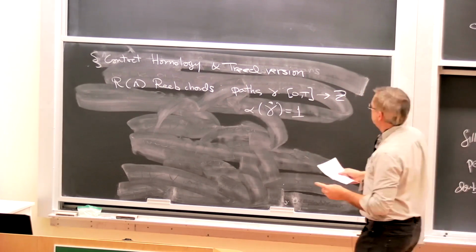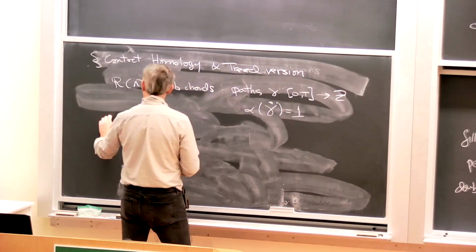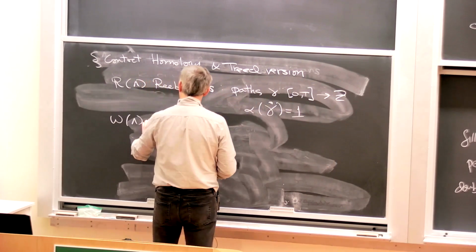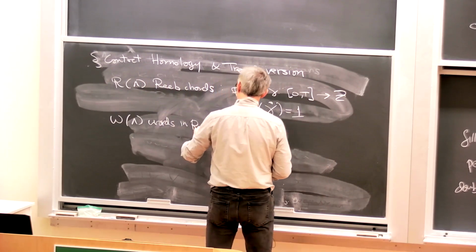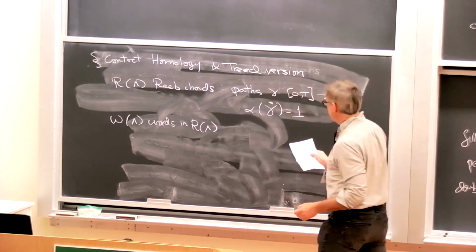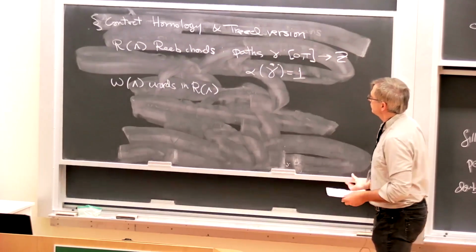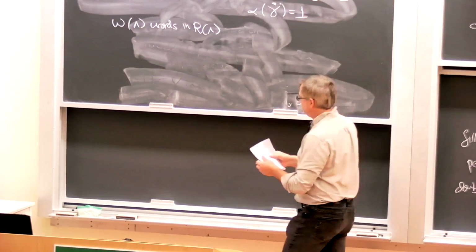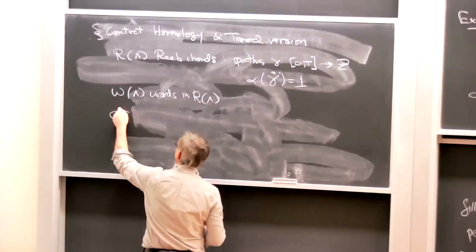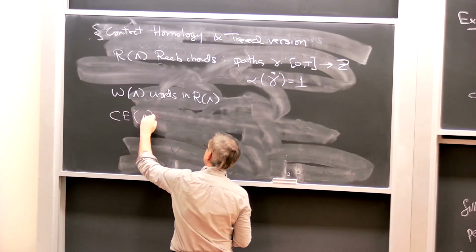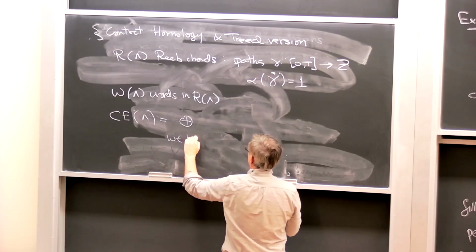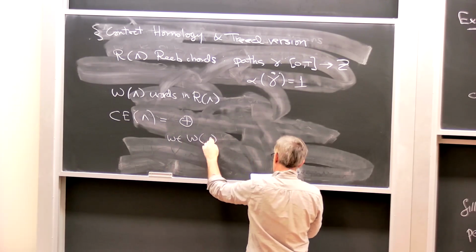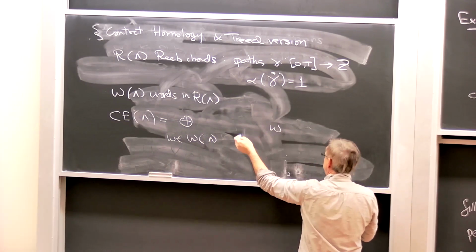And then we look at words in the Reeb chords. And then we take the space of chains to be a copy of the coefficient ring for every word in those Reeb chords.